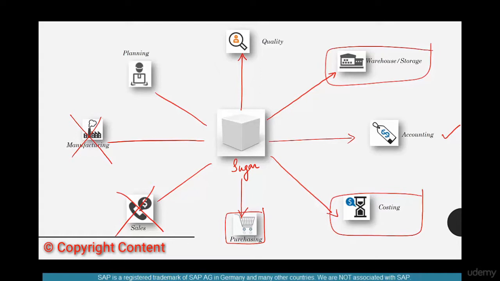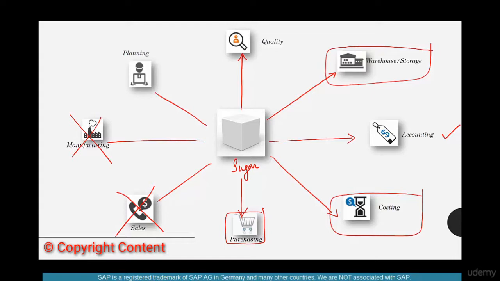Overall though, just understand that every material has a whole bunch of data related to all the different aspects of dealing with that material. Like you sell a material, you buy a material, you manufacture a material, and through the process you cost it, you account for it, you plan it, you check quality.